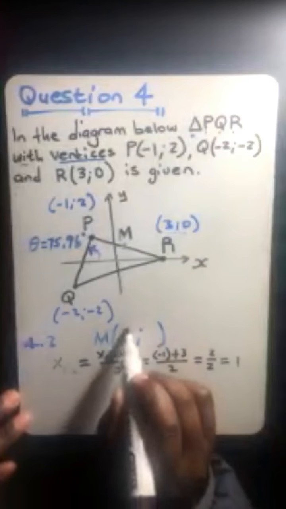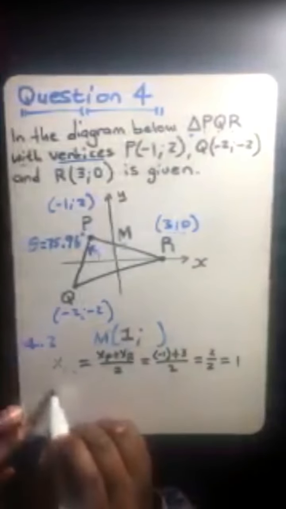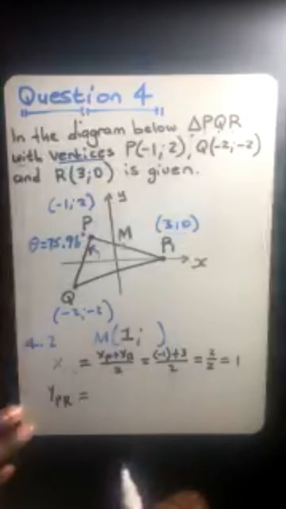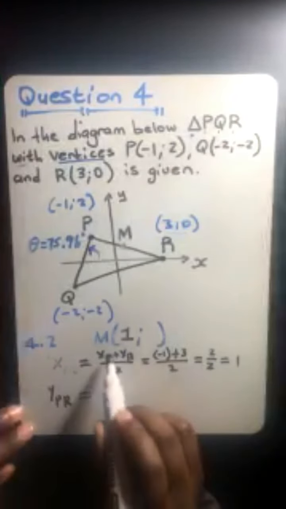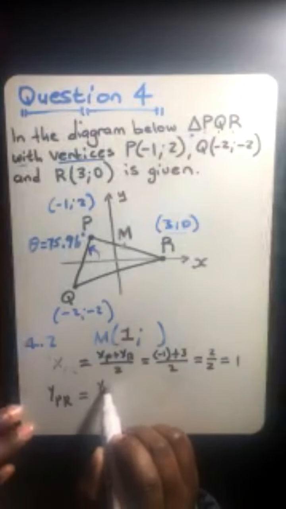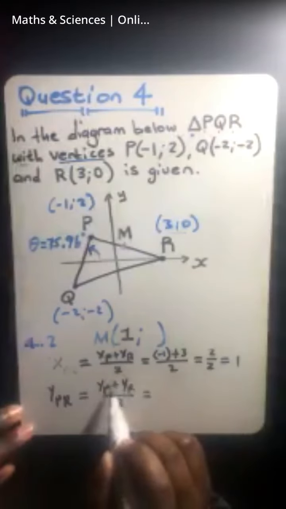So can you guys see? That means already we have the X value of the midpoint. So now we do the same for Y. Let me just write the formula: Y of P plus Y of R divided by 2.